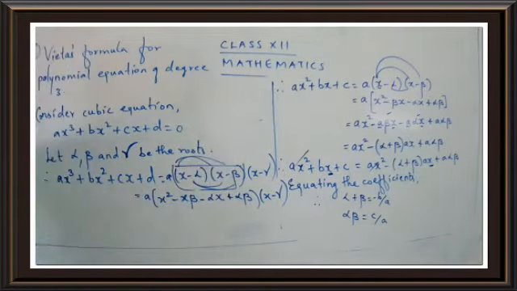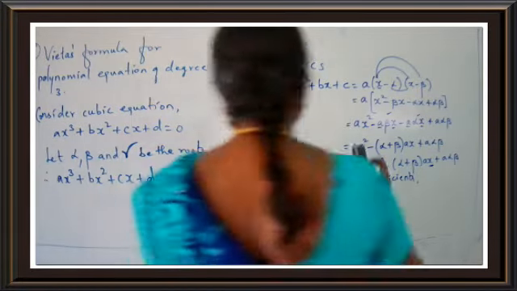So have you taken down this part? X square minus x beta minus alpha x plus alpha beta into x minus gamma. Okay, now let us go for the next multiplication.